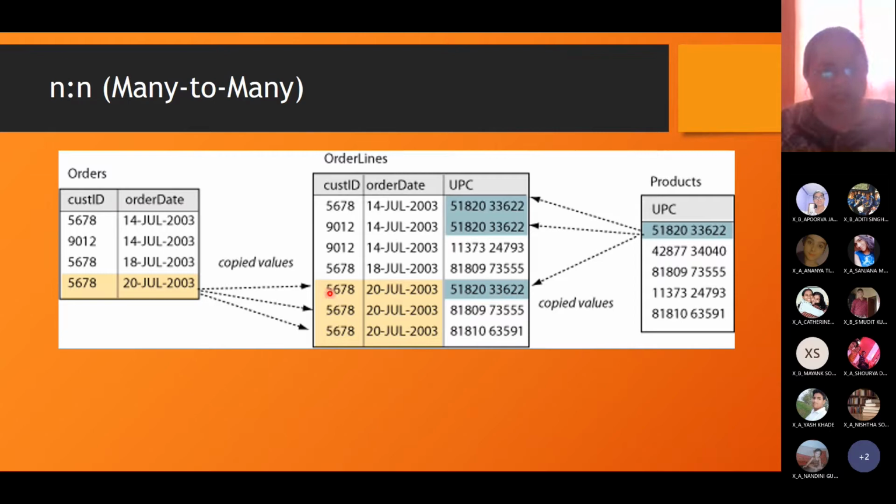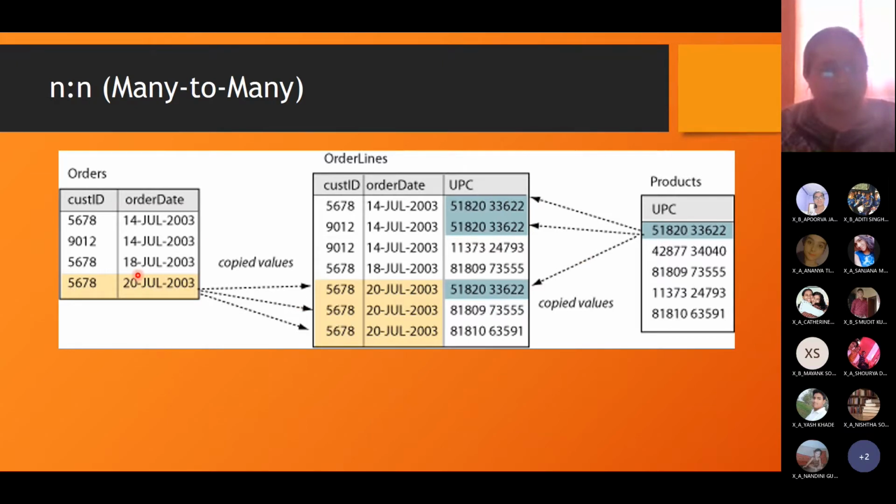So you can see that one customer has placed an order for three items. So one order, three order lines, right? And one product can also be ordered by multiple people. So you can see this is a many to many relationship, okay?